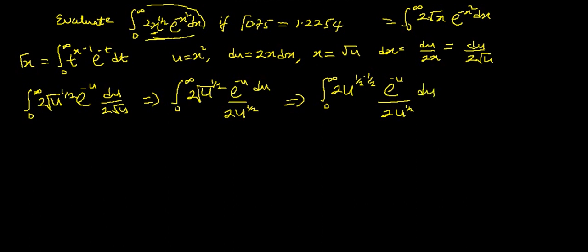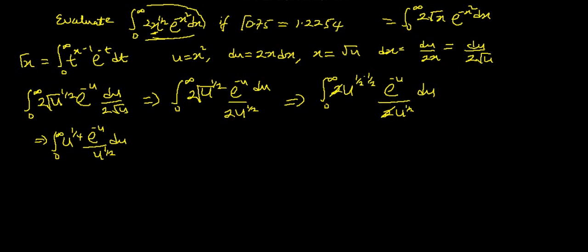So this is what I have. Now you know that this 2 here cancels this 2 here, so you'll be left with the integral from 0 to infinity of u raised to the power of 1 over 4 exponential minus u divided by u raised to the power of 1 over 2 du.